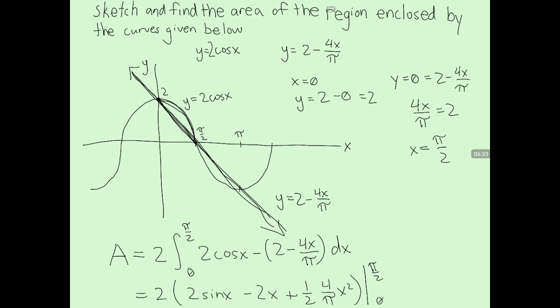So right now, we're going to plug in pi over 2 into all of these, and then subtract the result when we plug in x equals 0.